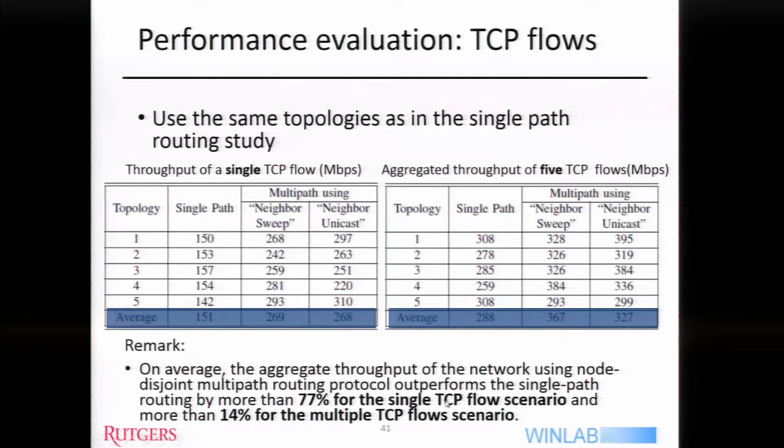The single flow scenario gets more improvement because there's no interflow interference. Interflow interference is not considered in this paper. In the 5 flow scenario, we only improved 14% on average.